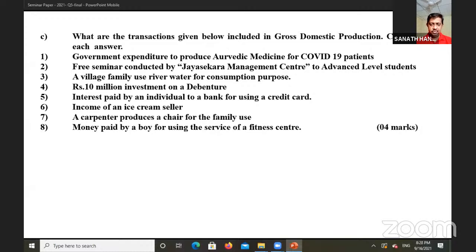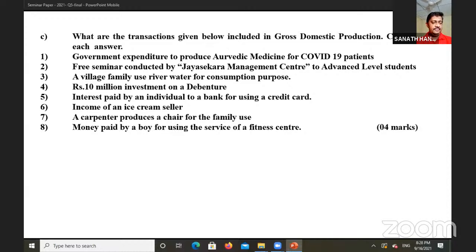No, very good. Why? Because this is a kind of free service we are giving to you. As it is a free service, there is no real economic transaction taking place here. Transfers are not in GDP. Private transfers here.